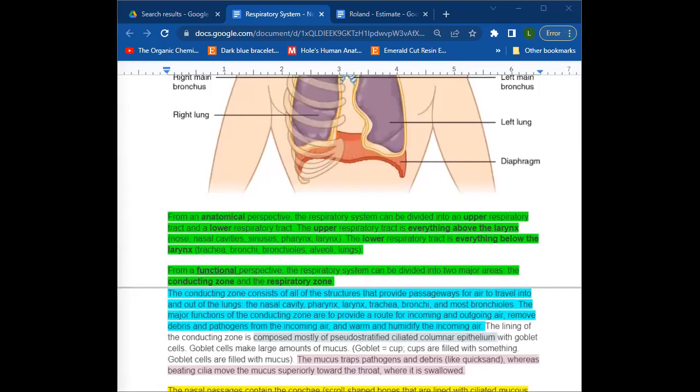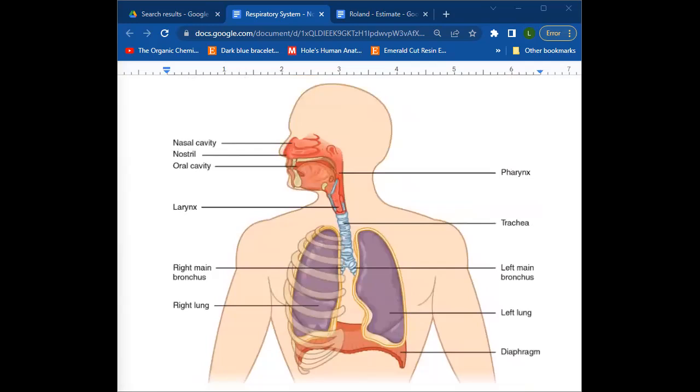Okay, then it can also be divided differently. It can be divided functionally. So functionally, it's divided into a conduction zone and then a respiratory zone. So the conduction zone, we need to know that that's supposed to be everywhere where air is flowing, but that there is no gas exchange.